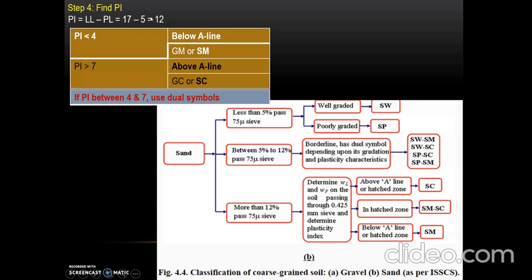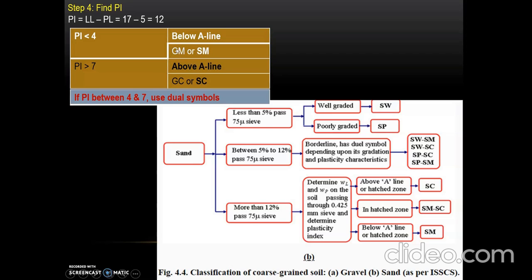So once we have the value of plasticity index, we need to check whether it is less than 4 or greater than 7 or whether it lies between 4 and 7. If PI value is less than 4, then we say that the soil falls below A line. Then the coarse grained soil can be either GM or SM.